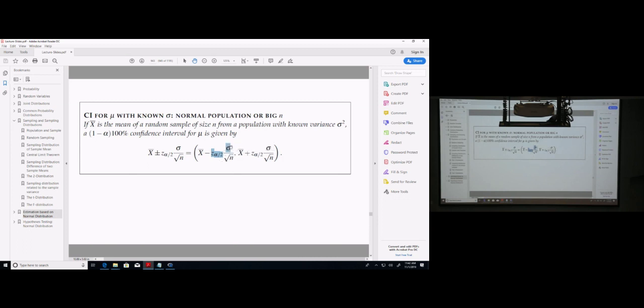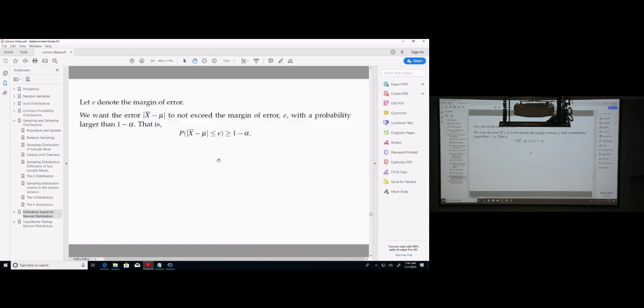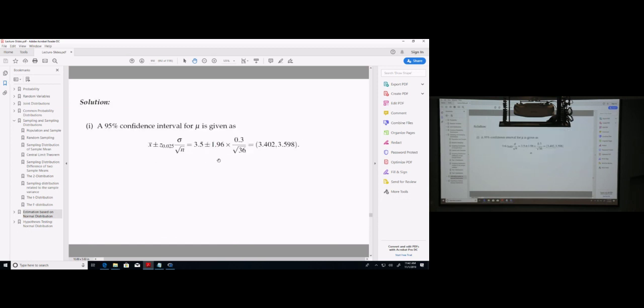So the change would be to replace sigma by S and change the normal quantile to t with n-1 degrees of freedom and alpha over 2. All right, so this is the change. Everything else would be the same.